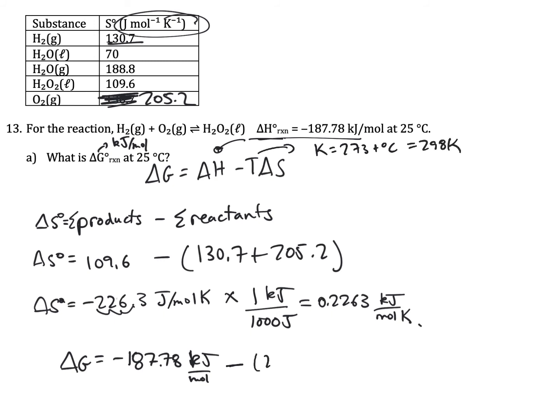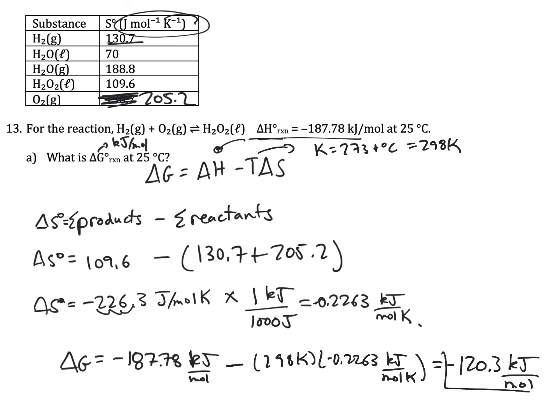So minus 298 Kelvin times my negative 0.2263 kilojoules per mole Kelvin. And when I plug that in my calculator, I get negative 120.3 kilojoules per mole is my delta G for this reaction.